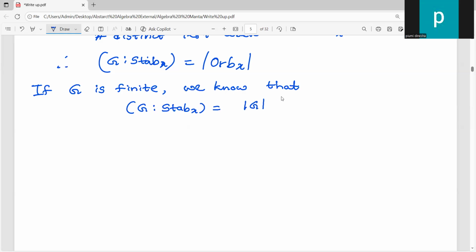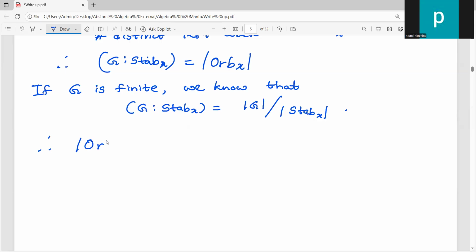The order of G divided by the order of the stabilizer of X. How do we know this? We actually know this from the proof of Lagrange's theorem, because the stabilizer of X is a subgroup of G, right? So when G is finite, we know this index to equal the order of G divided by the order of the stabilizer of X.